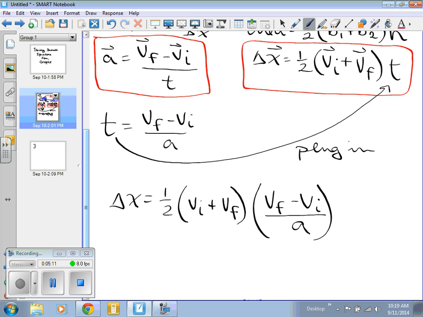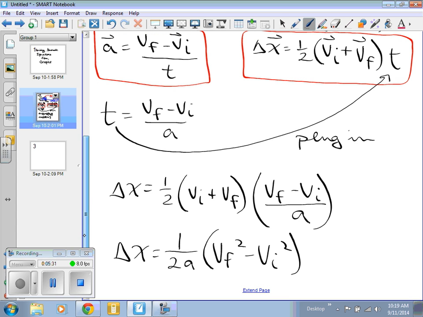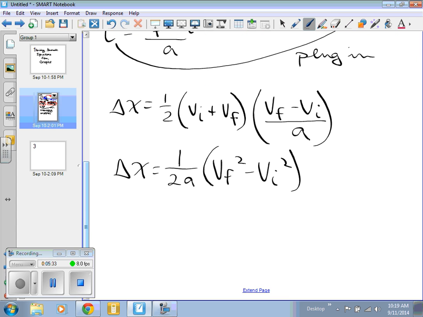Now here, we have v final minus v initial times v final plus v initial. So we know that that is going to give us, moving the a with the 2, v final squared minus v initial squared. And then we're going to rearrange this a little bit.